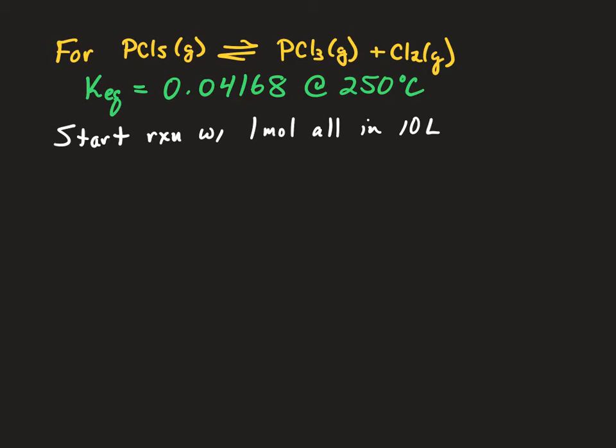For that, we use our reaction quotient Q. Q is expressed in the same way that the equilibrium constant is: the product of the concentrations of products divided by the product of the concentrations of reactants.